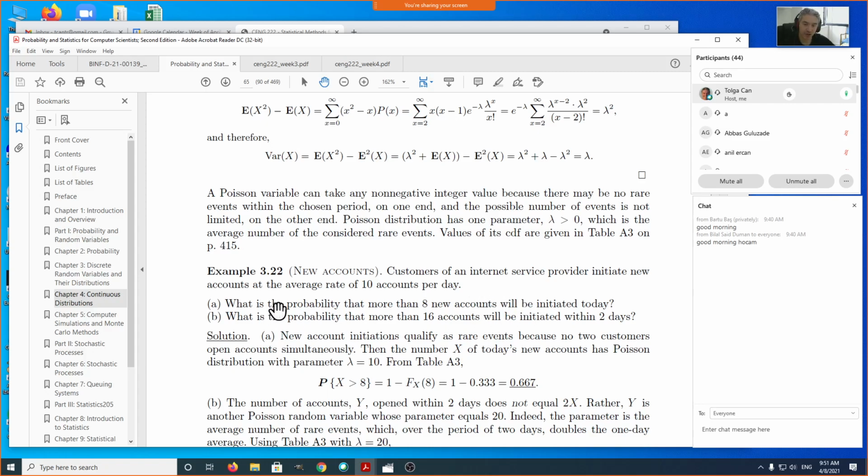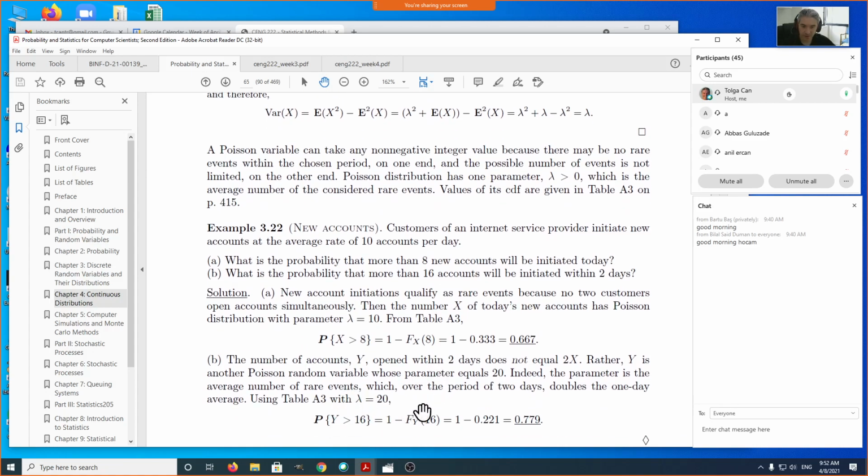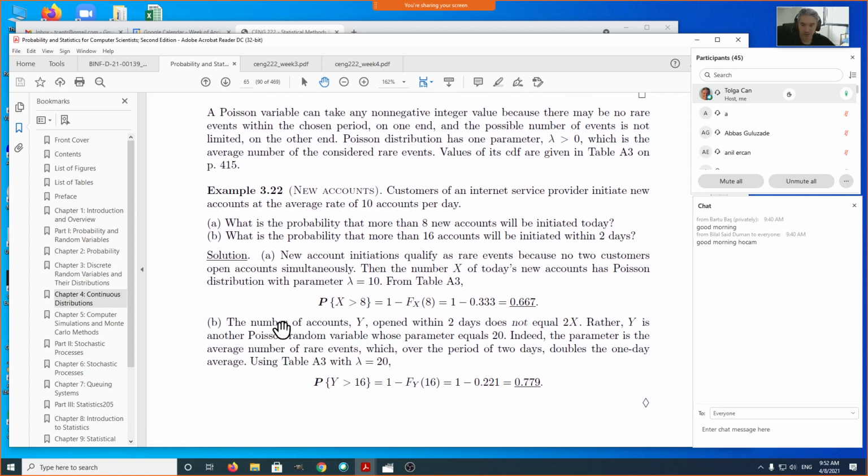We cannot just try to compute the probability by adding the probabilities we have found per day. This is actually also indicated here. What I was trying to say is written here.